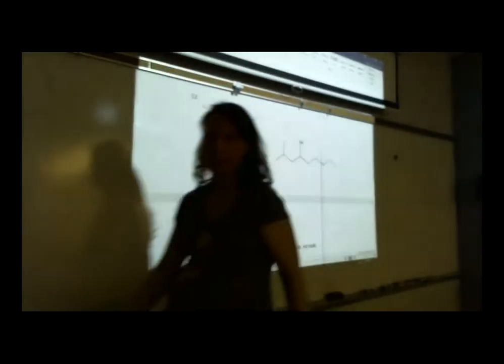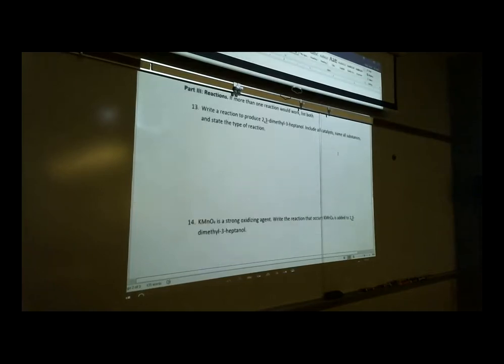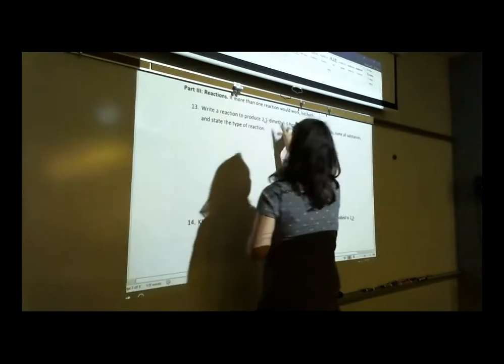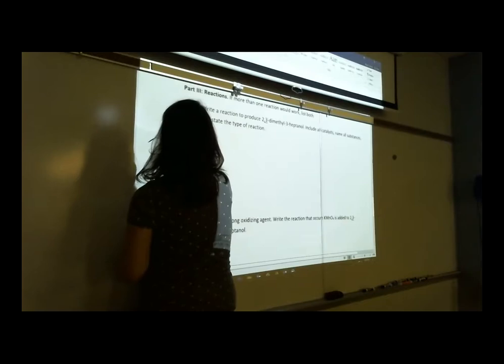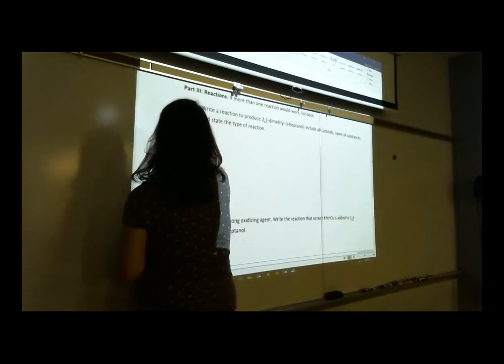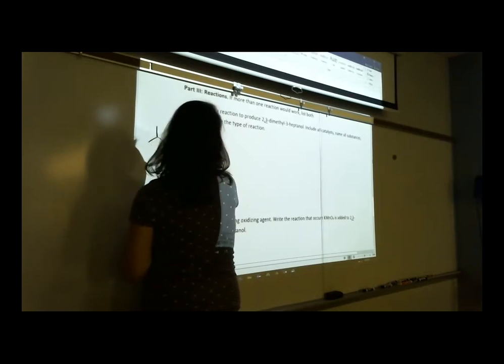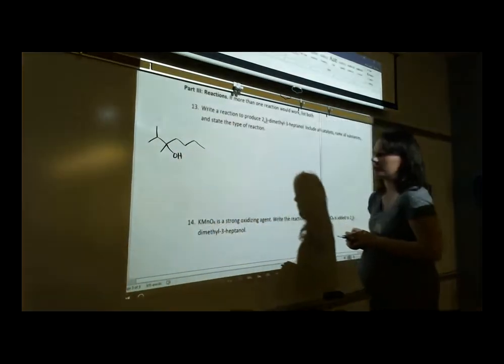All right, last part we're going to do reactions. All right, we are trying to make this molecule. Heptane, that's 7 carbons, 1 through 7, 2,3-dimethyl, 3-heptanol. Okay, what kind of reaction produces an alcohol?